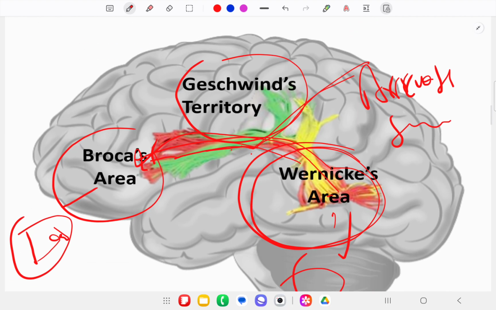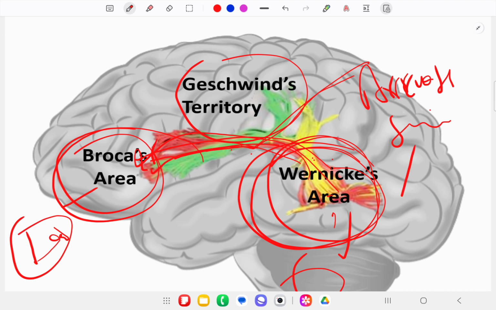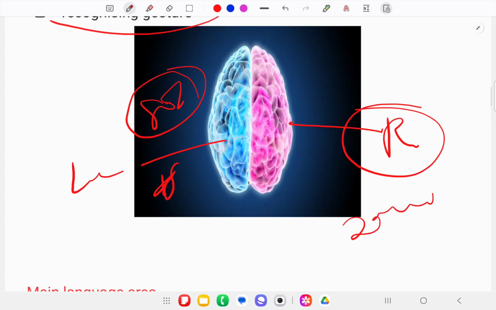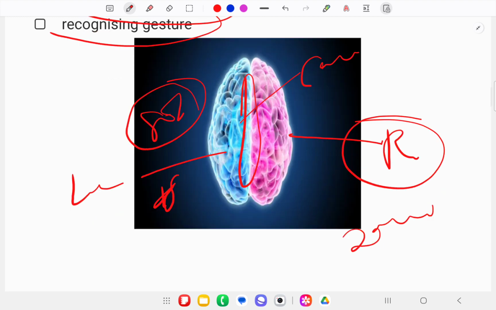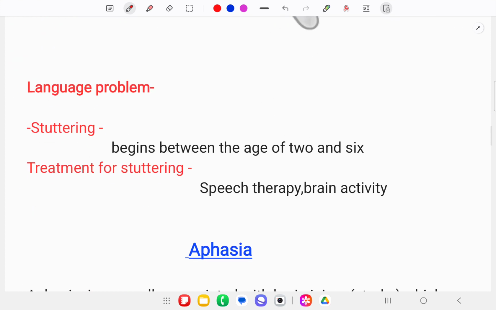When a person speaks, the thought is first processed by Wernicke's area, then goes through the tissue known as the arcuate fasciculus to Broca's area, where Broca's area decides what language should be used. One more point: between these two hemispheres we have the corpus callosum. Remember this point.